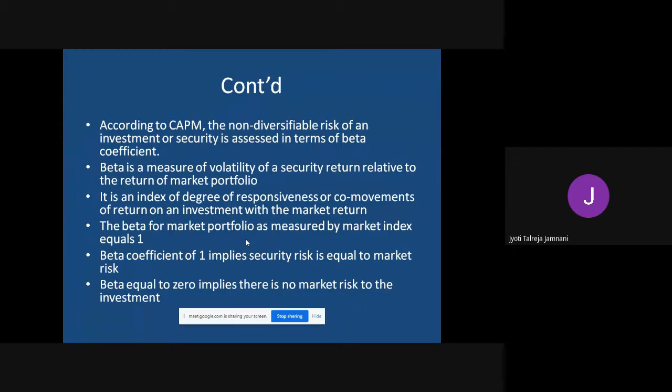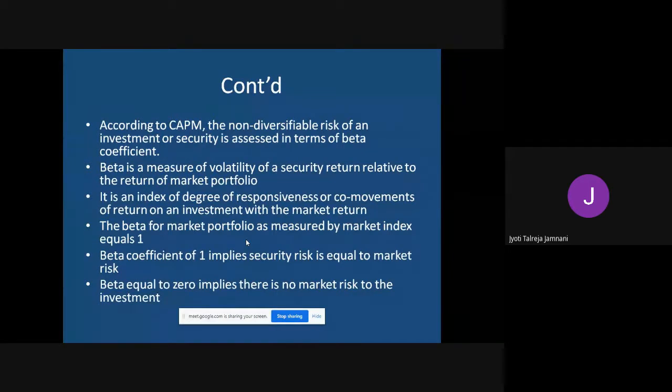Beta is a measure of volatility of a security return relative to the return of the market portfolio. Volatility means change in prices or risk. So beta will tell you by how much your company's share will get affected if the market is getting affected. If the market return is coming down, then your company return will also come down. If the market is growing, the company will also grow.